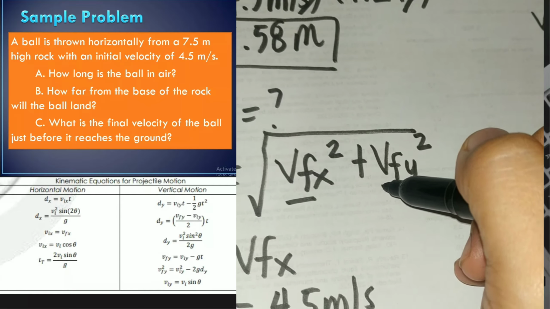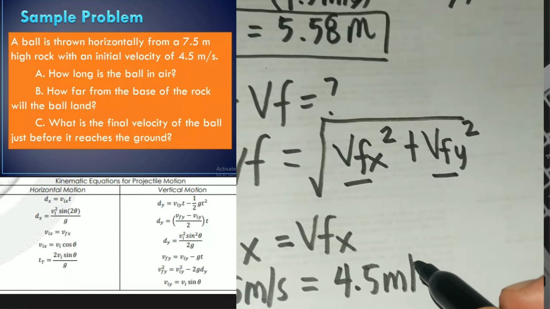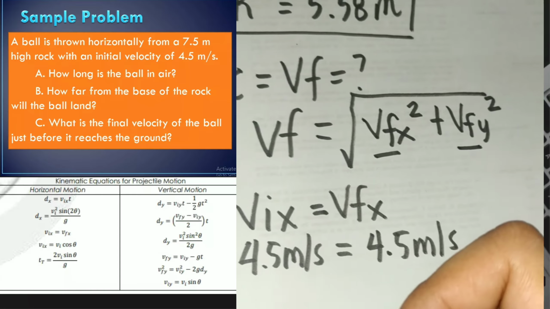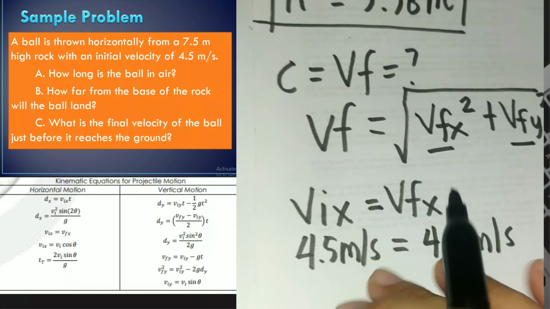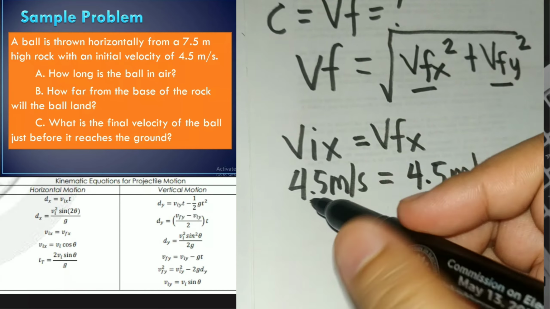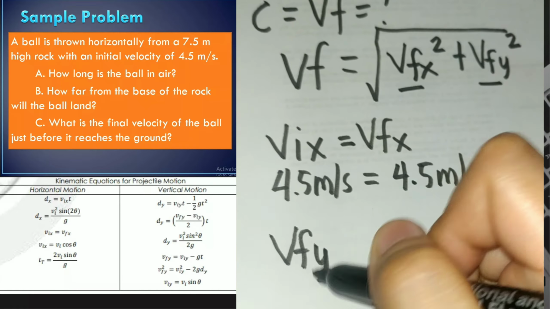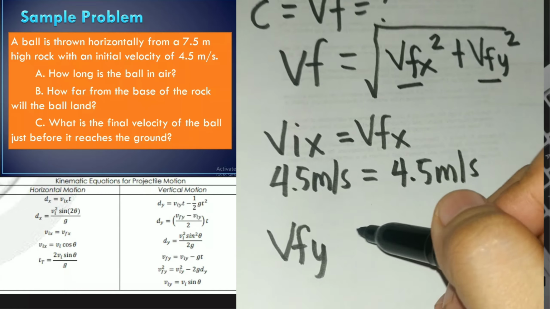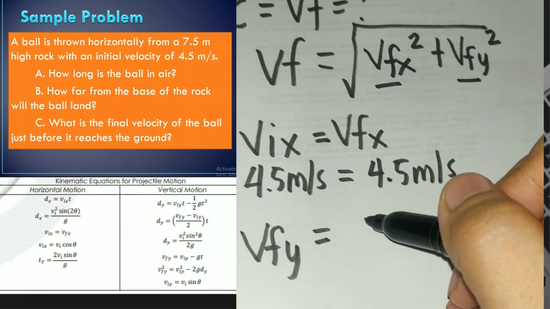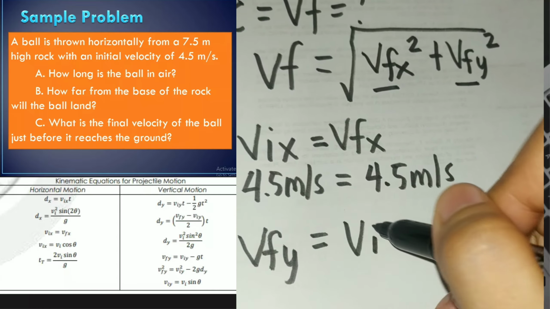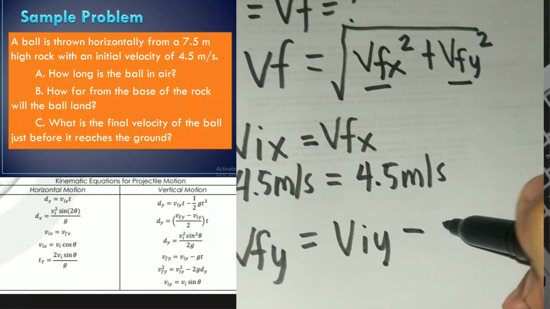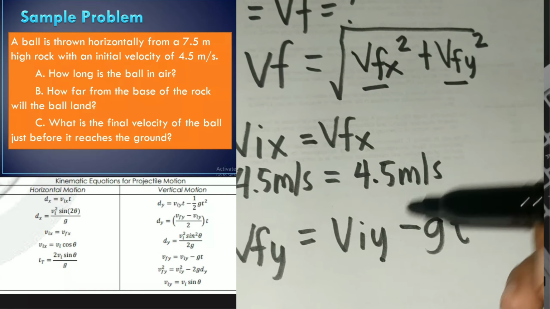Therefore, our problem is we don't have the value of Vfy, or the final velocity along the vertical. So we need to solve for that. We can use the formula Vfy is equivalent to Viy minus gt.